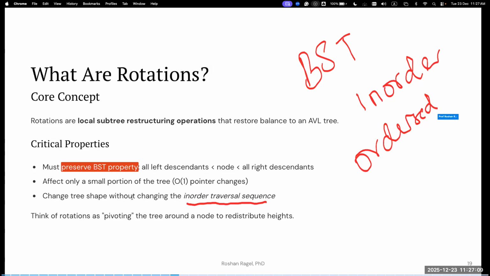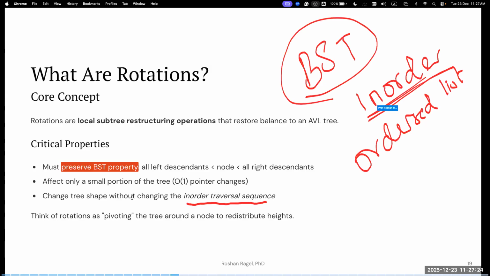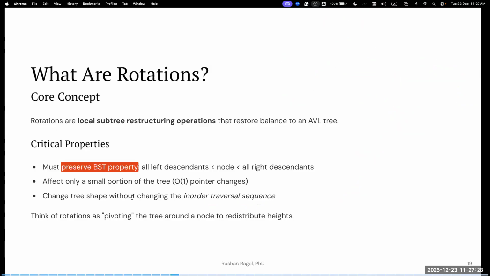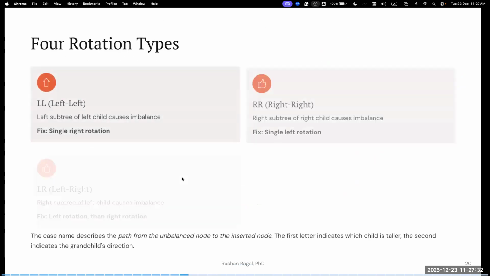So the in-order traversal will give you a sorted list in a binary search tree, right? That has to be maintained as well. It's automatic: if you maintain a BST, the in-order traversal property will automatically be maintained, right? So let's see how we do it, right?